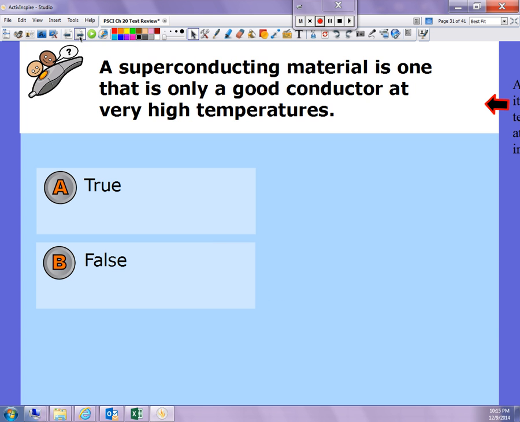All right, a superconducting material is one that is only a good conductor at very high temperatures. I'll pause for student response. Last call for student response.